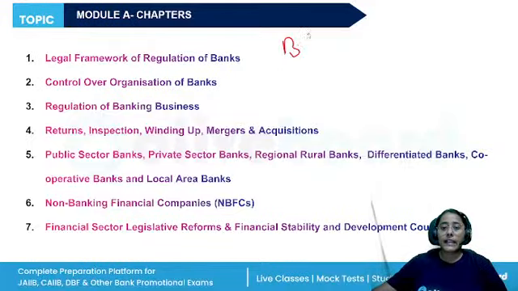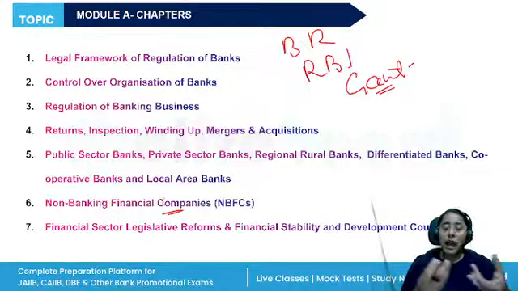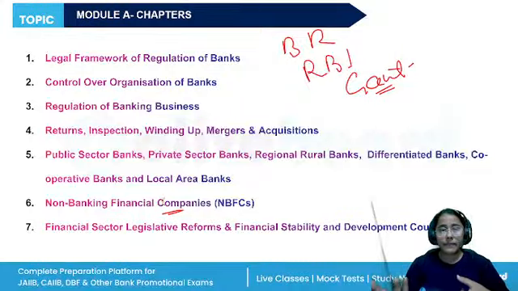So, the Banking Regulation Act, RBI Act, powers of the central government over the banks, how NBFCs work, what is the scale based revised categorization of NBFCs. So the NBFCs that fall under the base layer, upper layer, middle layer, and top layer.